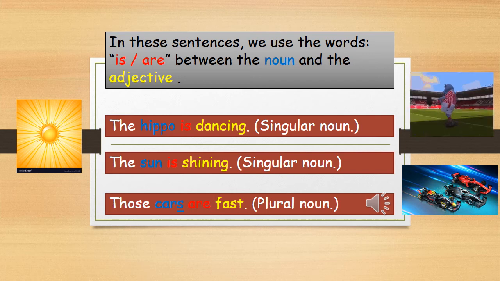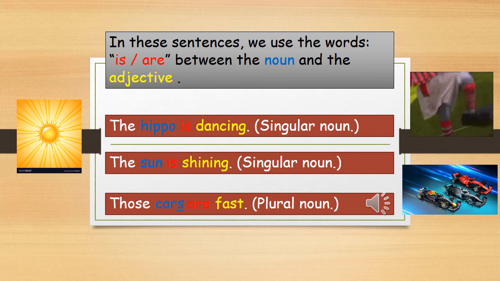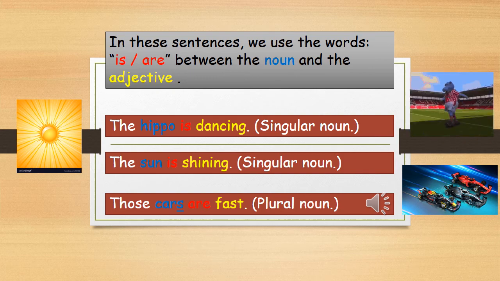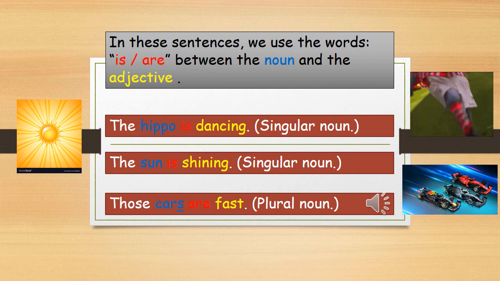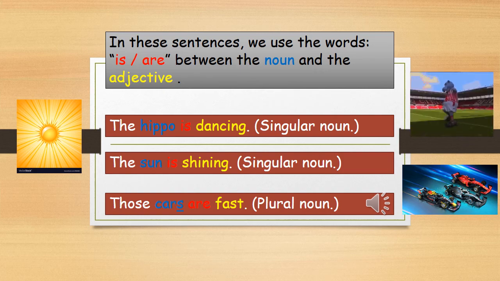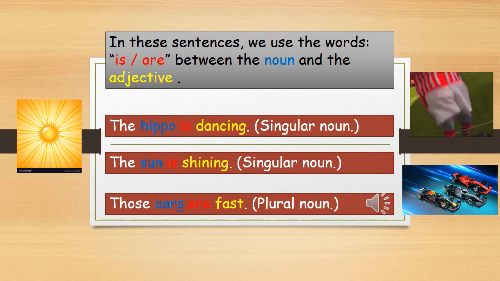One car, many cars. Those cars are fast. Okay, an adjective fast is telling me about the cars. If the sentence changes a little bit, that car is fast.